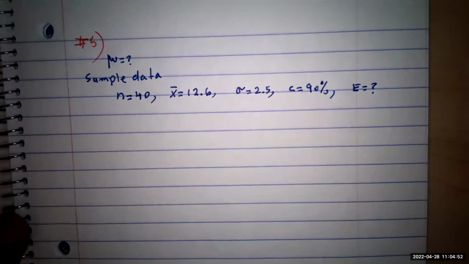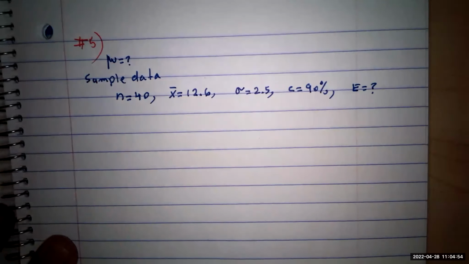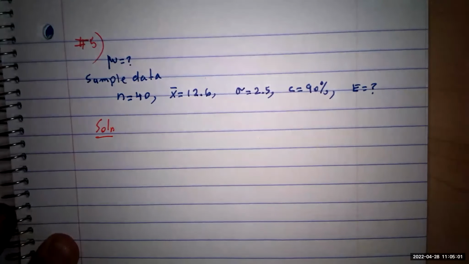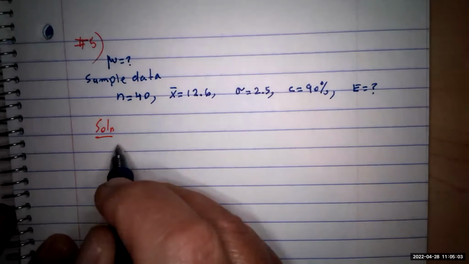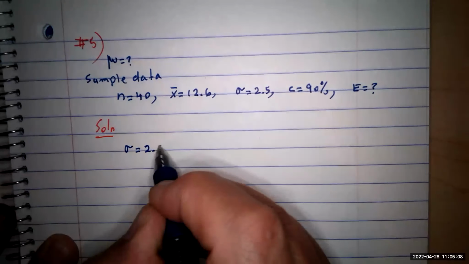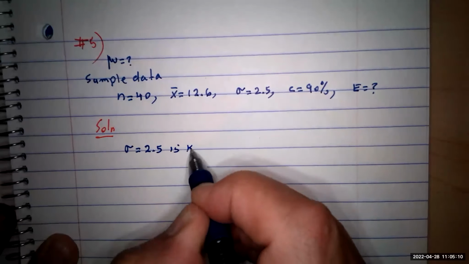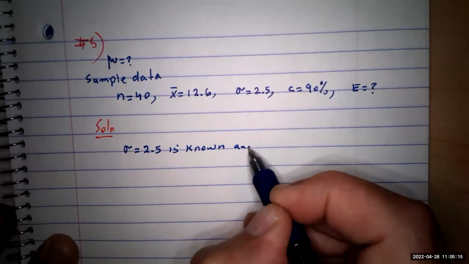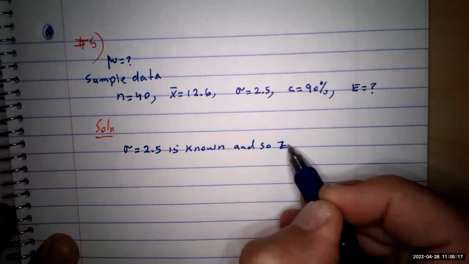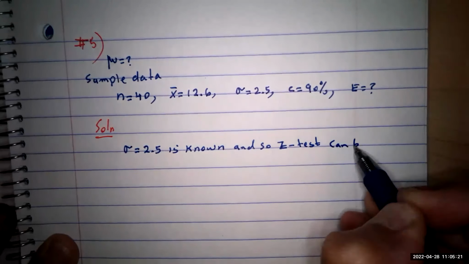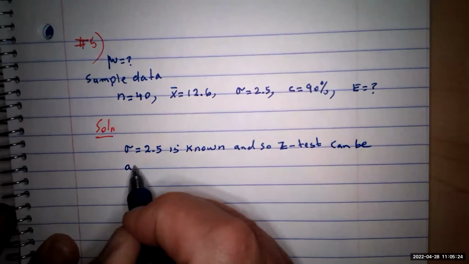A straightforward problem. So the solution is simply, you check to see if the sigma is given. Yes, sigma is given. So it's a z-test. Sigma equal to 2.5 is known, so the z-test can be applied, or the z-interval can be applied.